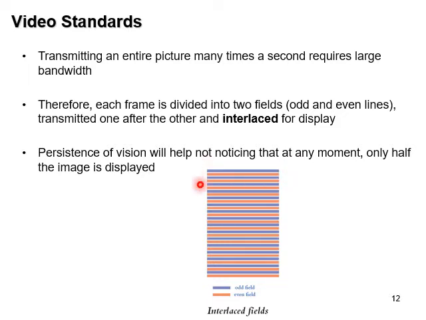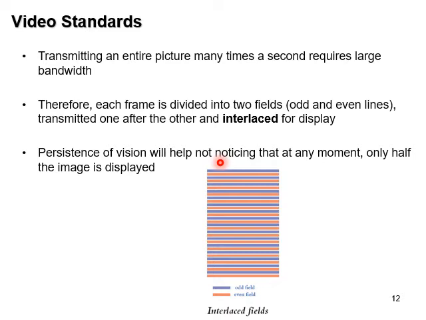We colored the odd lines in blue or purple here and the even lines in orange. And the idea is that at any time moment, the transmitter that transmits the TV signal wouldn't be transmitting both of them. It would transmit only either the odd, and then the next time point transmits the even. Odd and then even, odd and then even.